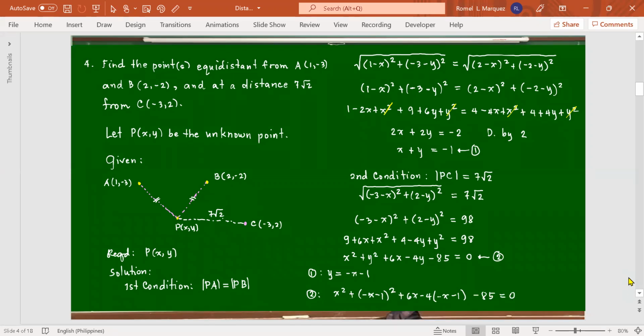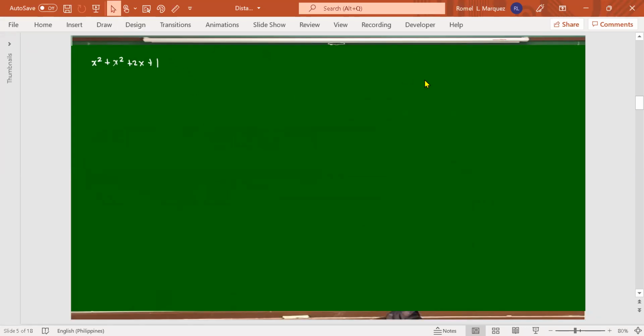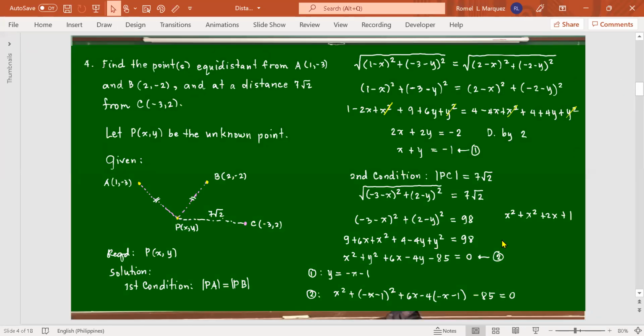Simplifying this further, so we have x squared, let me write it here first, x squared plus x squared plus 2x plus 1, no? For the first 2 terms here, after expanding this binomial here. So I'm going to move it on the other side. Then what about the second one? We have 6x plus 4x plus 4 minus 85.